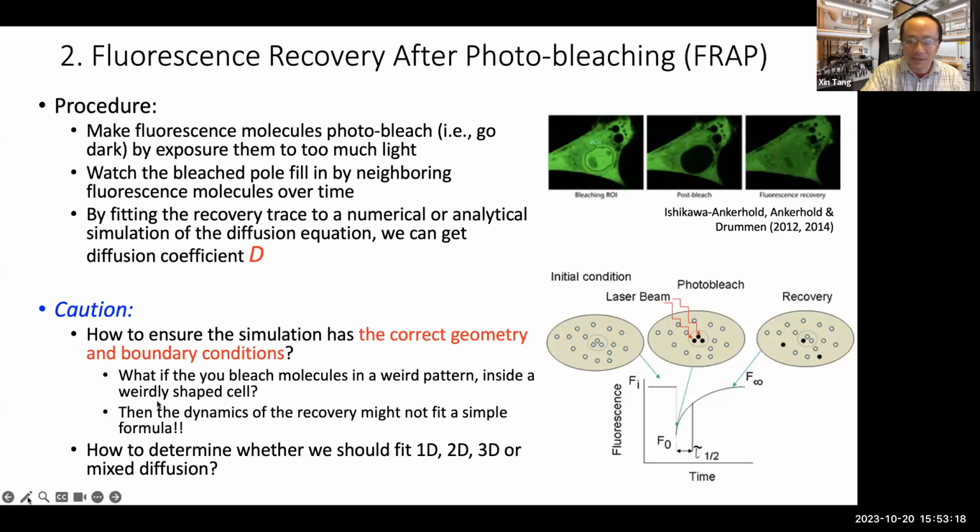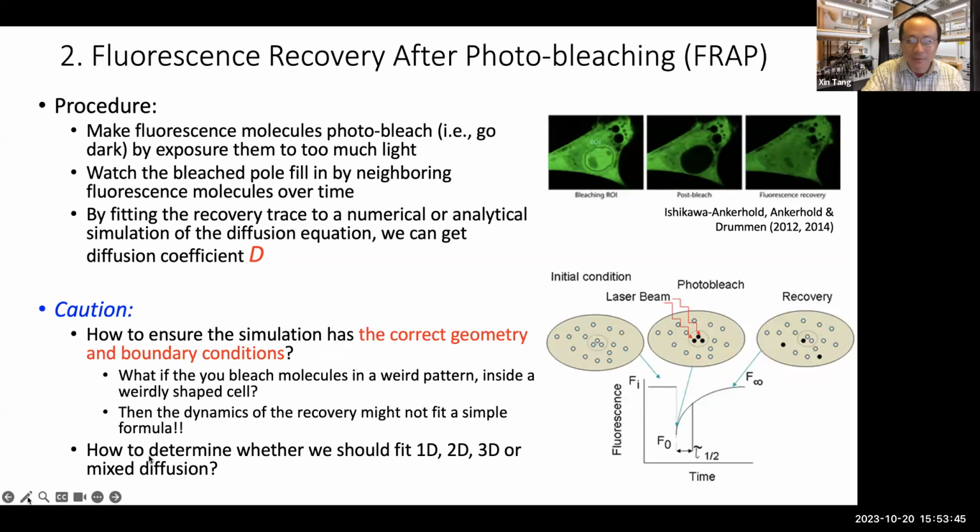And also, if the cell shows a different geometry, then the calculation deserves more careful consideration. In those weird cases, the dynamics of the recovery might not fit a simple formula, right? So then we need really careful calculations.